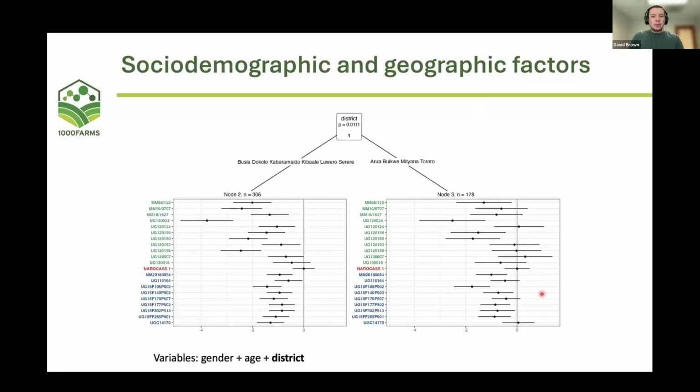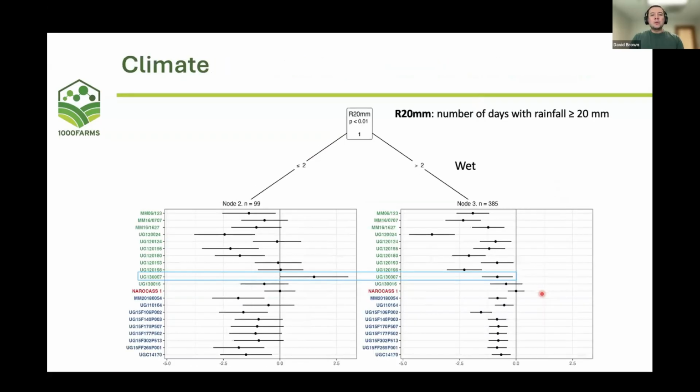And since location was the most important, we moved on to evaluate the influence of climate. After fitting with almost the same set of climatic indices I showed you for the common bean case, we end up with the number of days with rainfall higher than 20 millimeters.